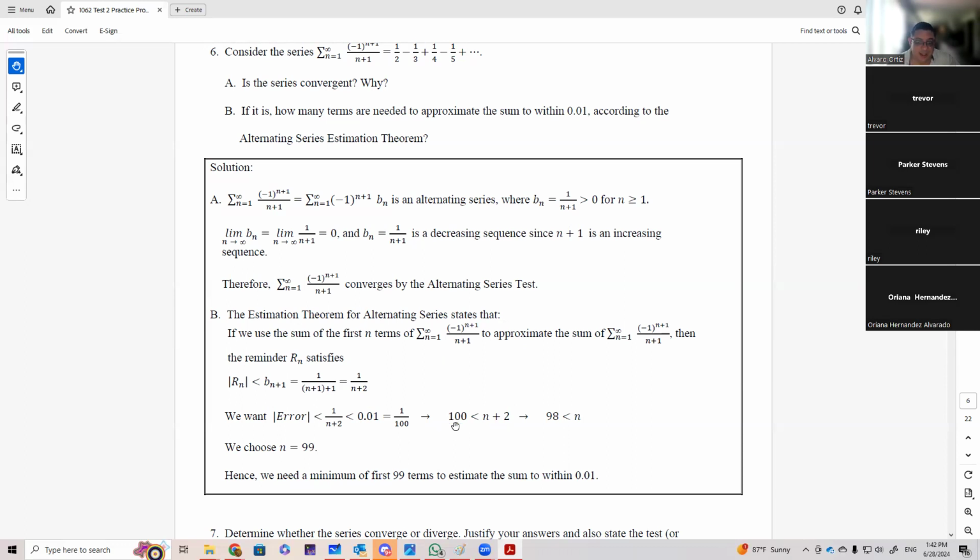So that means n plus 2 has to be bigger than 100, or n has to be bigger than 98. So if you choose 99, you're sure that when you use the first 99 terms to estimate the sum, your error is going to be around that bound, okay?